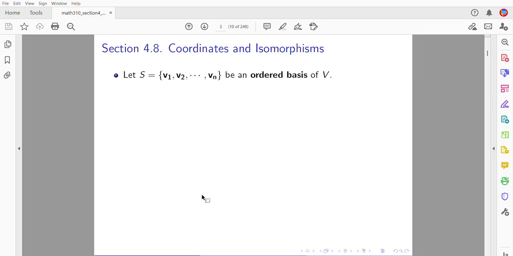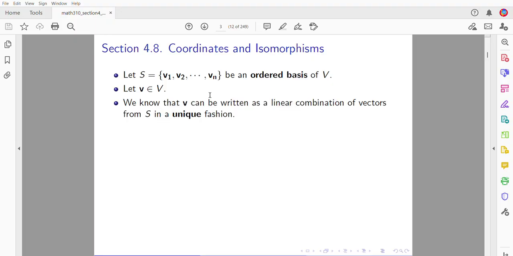So, start with an ordered basis of V, v1 through vn. Take any vector v from V. We know that v can be written as a linear combination of vectors from S in a unique fashion. You see, S is a basis. So every vector v from capital V can be written as a linear combination of v1 through vn.